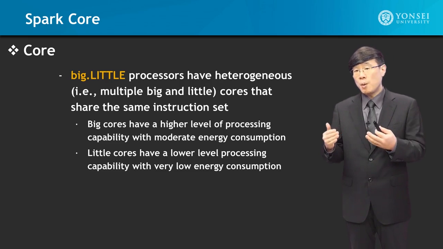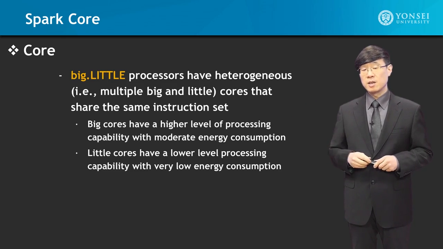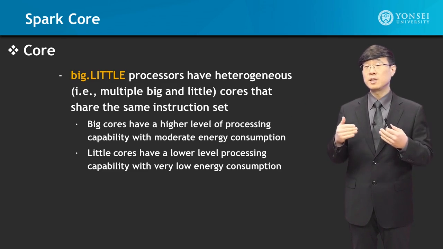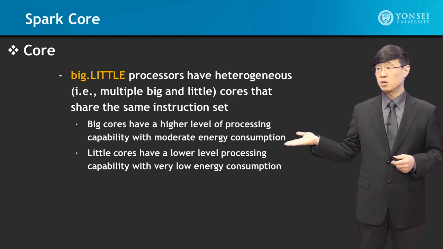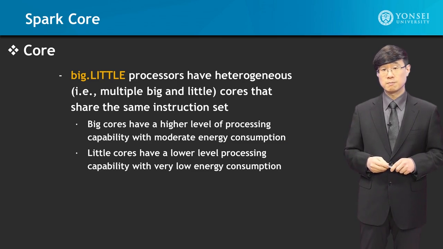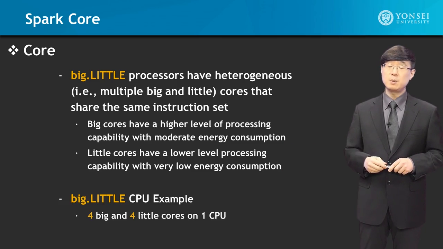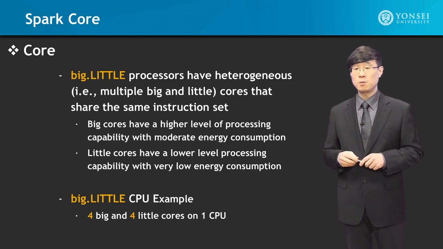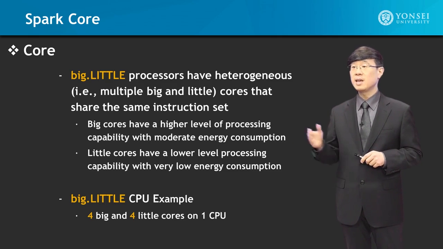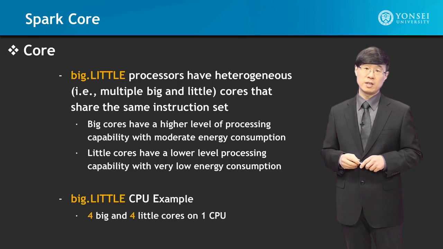So, more computation burden tasks are assigned to the big cores, where the light operations, including the daemon processes that run in the background, are executed on the little cores. And an example of a big-little CPU that's running on your computer or smartphone, if you bought it recently, then it probably has 4 big cores and 4 little cores operating all together.